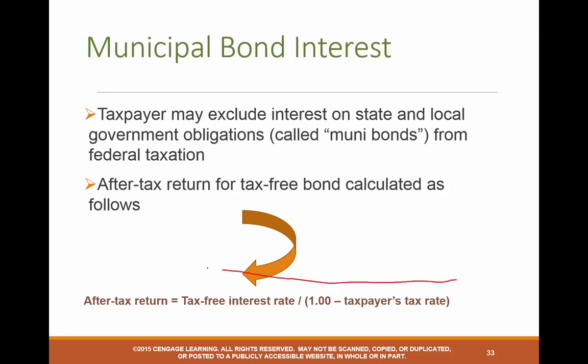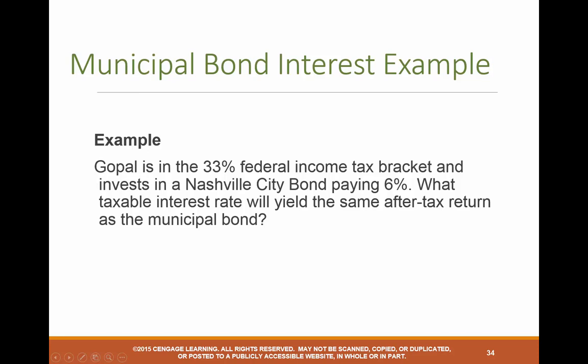So this is the calculation. So let's try it. Gopal is in the 33% federal income tax bracket, and he invests in a Nashville City bond paying 6%. What rate will yield the same after-tax return as the muni bond? So you're going to take the 6% and divide it by 1 minus his tax rate.